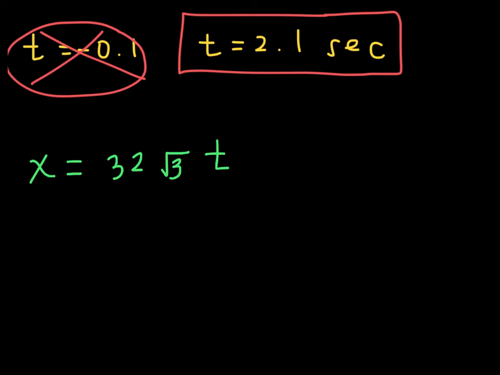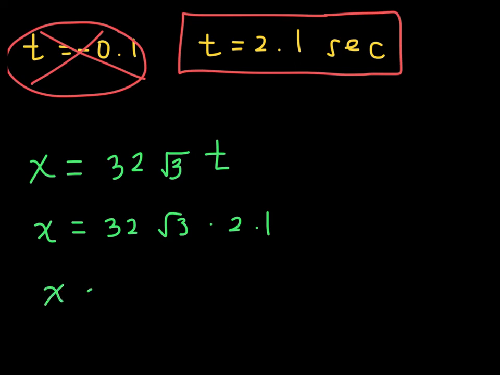So if we want to find the total horizontal distance that the rocket traveled, what we can do is plug in our t value of 2.1, because this is the total flight time. And so multiply all this together and it'll give you the total horizontal distance that this rocket traveled.